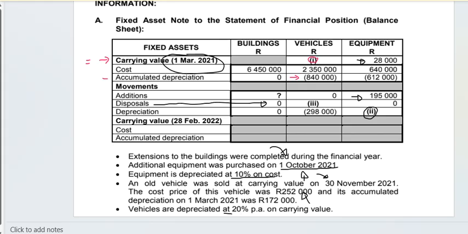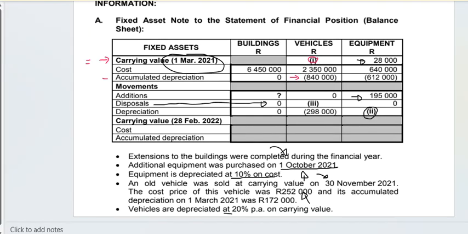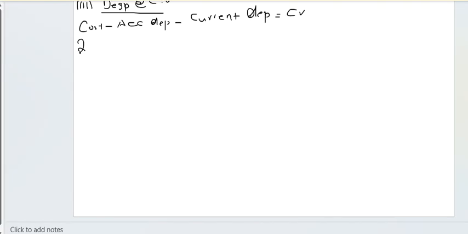So let us just write what we have. We have a cost of 252,000. Excuse my writing.